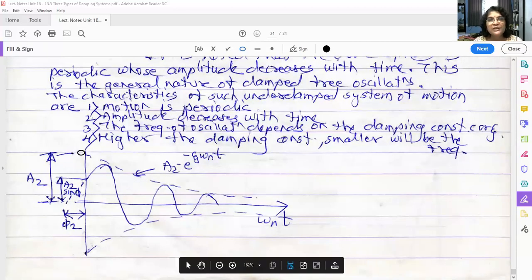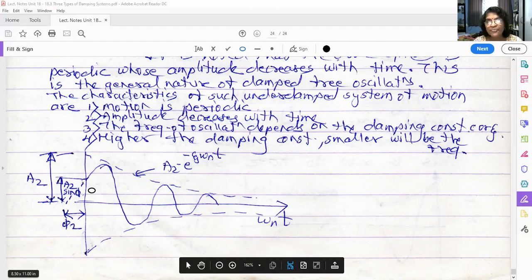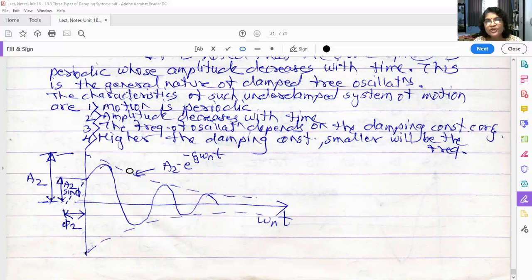This is the original value of constant A2, from 0 to plus, 0 to minus, and then it is reduced in every cycle. This exponential curve is given by the mathematical term A2 into e raised to minus zeta omega n t into sine. Why sine? Because this vibration is sinusoidal in nature.